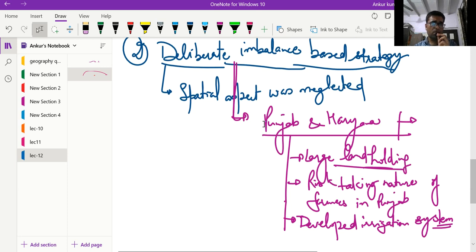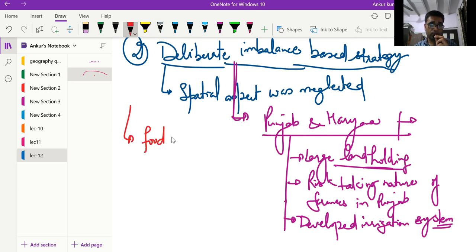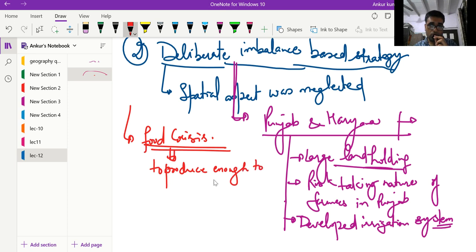The main reason for this was that India at this time was suffering from a food crisis, and our main focus was somehow to get over this food crisis, to produce enough to feed our population.